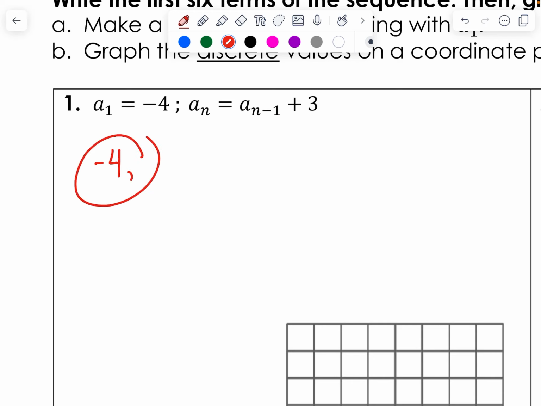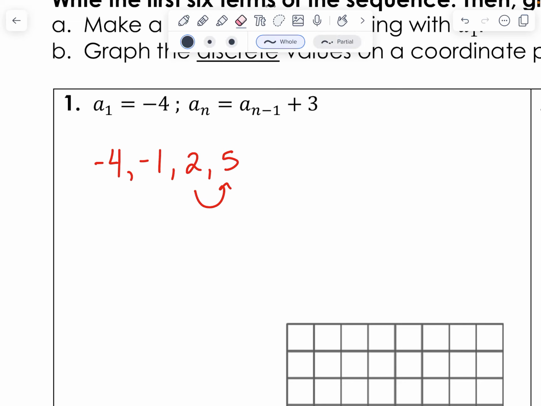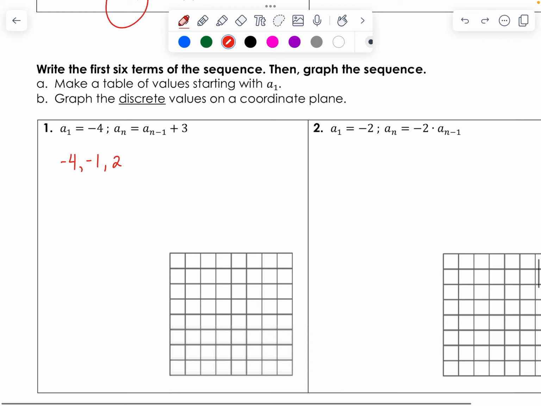I can take this number and add 3 and get -1, or take that number and add 3 and get 2, or take this number and add 3 and get 5. But I can't get any number until I know the first number. And we remember from earlier in this unit that if I were to graph this arithmetic sequence, because I'm adding the same thing every time, I'd get a straight line.